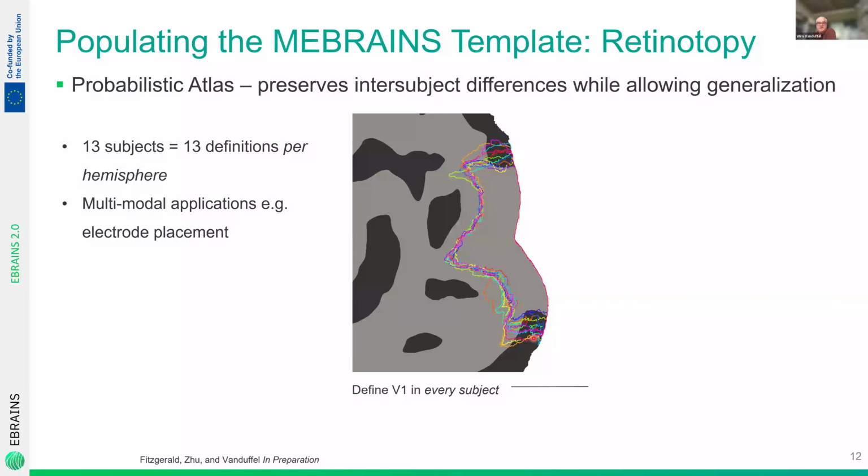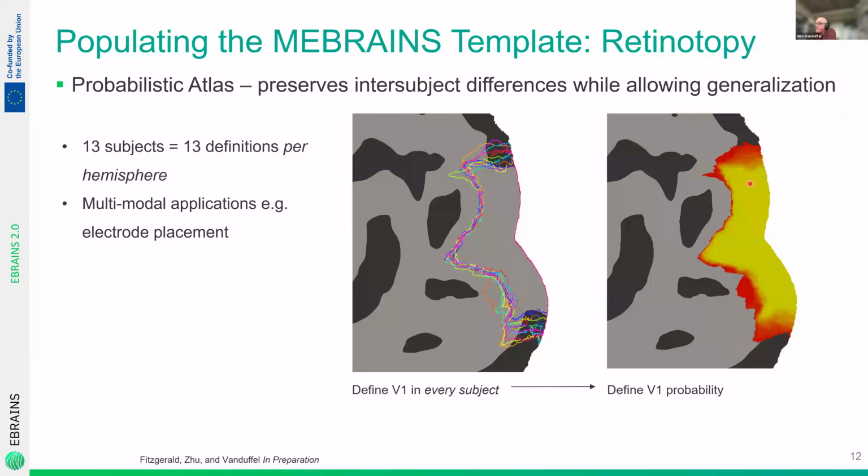So every single subject's data is there. And then you can say, okay, which voxel, which part, belongs with a high probability to V1. You can arbitrarily say, in 50% of the cases I want it belonging to a particular area, in this case V1, and you color code it. And then you get a probabilistic estimate of V1.